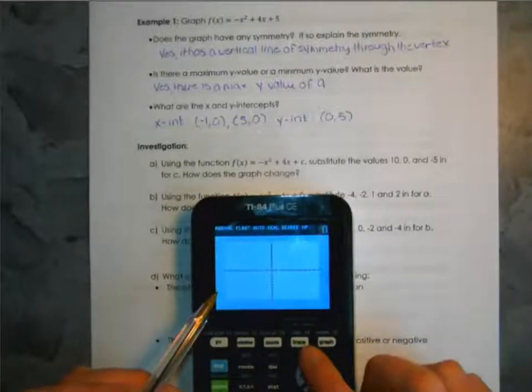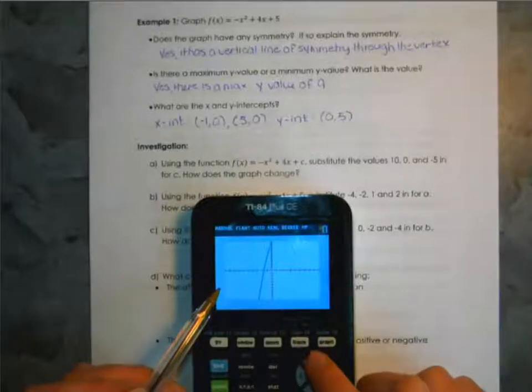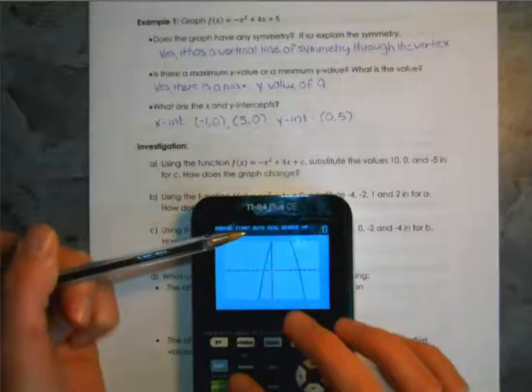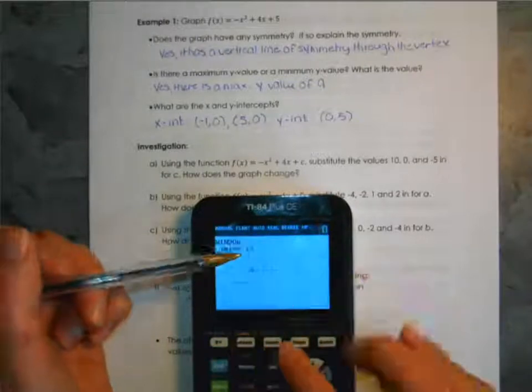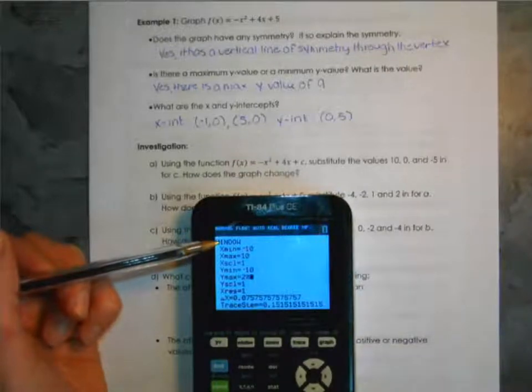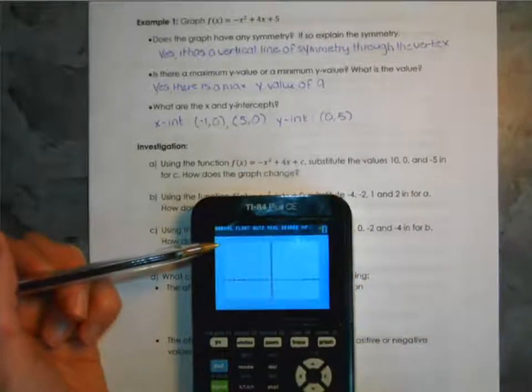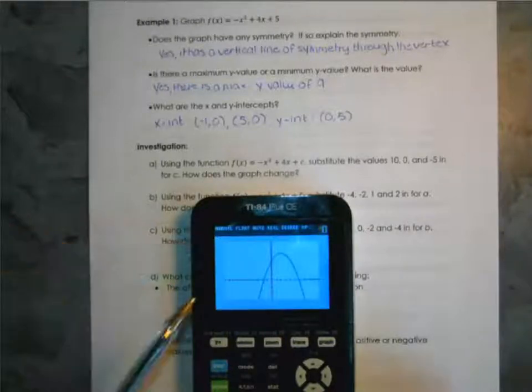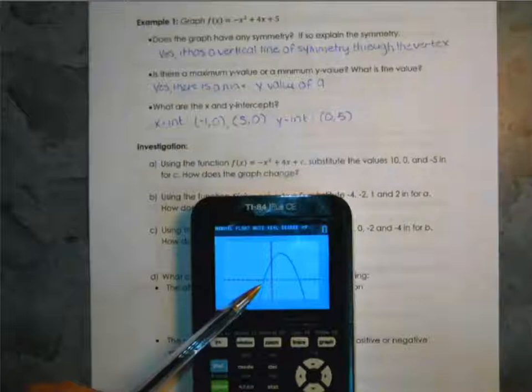Let's see if that works. Nope. Okay, so I can see that I'm going to need a higher value on my y-axis here. So I'm going to go into window, my y maximum I'm going to make into 20. Okay, now I can see my graph.